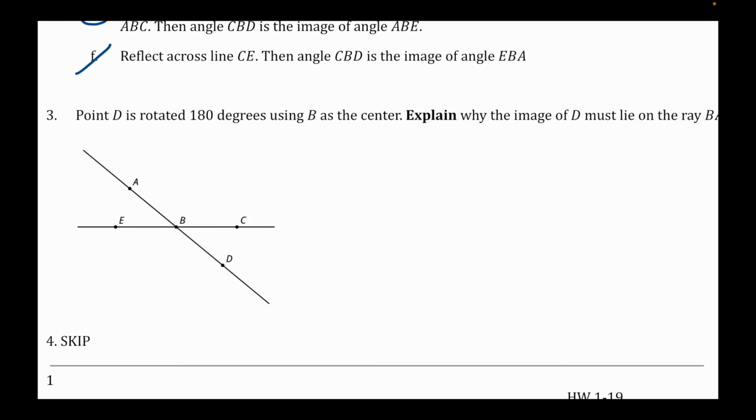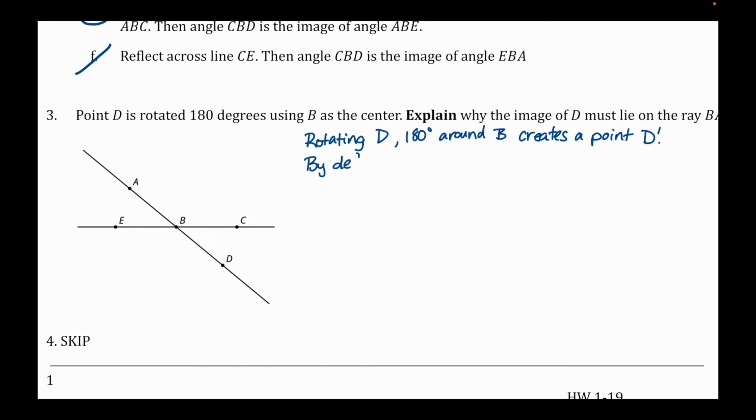So let's say rotating D 180 degrees around B creates a point D prime.